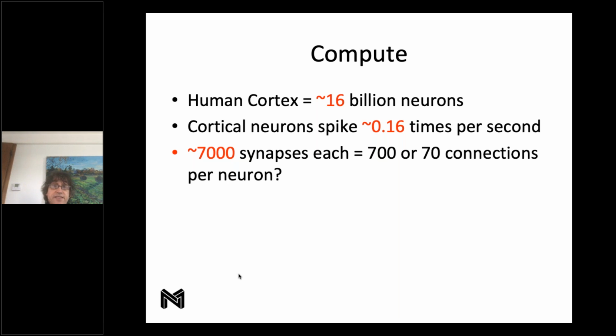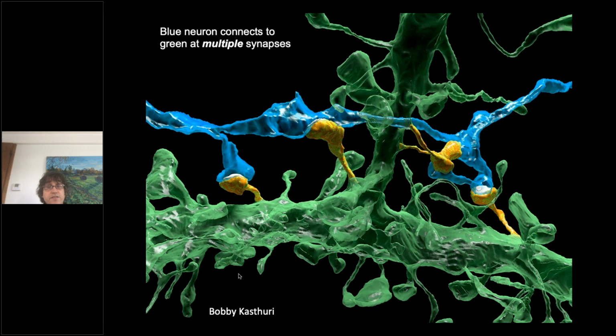The reason I don't say that they connect us to 7,000 neurons is a picture like this. This is an image, for example, of a dendrite and an axon. The dendrite in green, the axon in blue. And you can see the synapses, the connections between the axon and the dendrite. And you can see that the axon is actually connecting in multiple places to the same dendrite.